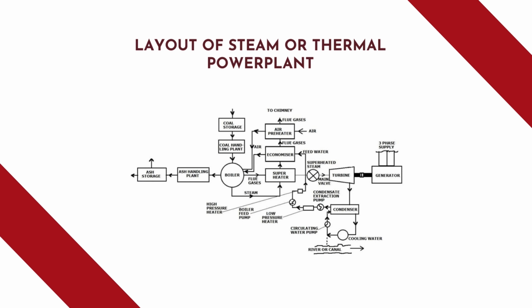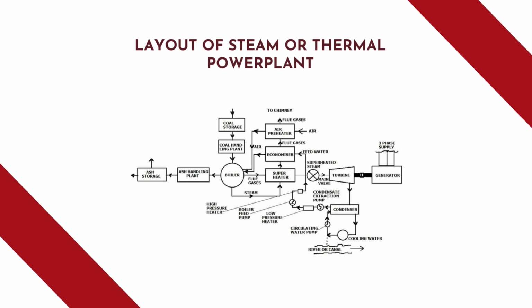Then the condenser is shown here, and cooling water is shown here. Cooling water means we can opt for a cooling tower to cool the water, and ultimately the turbine is connected with the generator, and the generator will produce electricity for our various purposes.